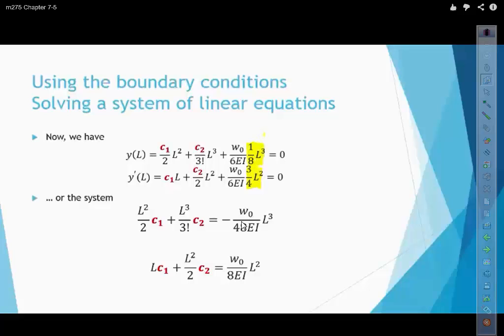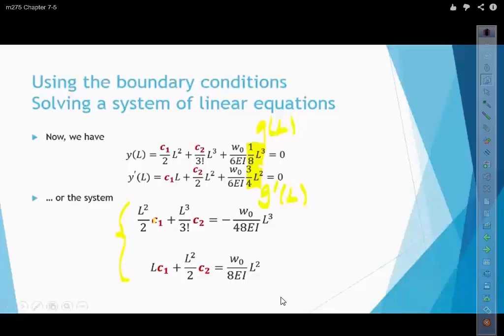And it's non-homogeneous in the sense that there's a non-zero on the other side, because these don't have C1s and C2s, so we bring it over to the other side, and then we have this particular system. Now, there's a variety of ways for solving this system. One is to solve for C1 in one equation, plug it back into the second equation, solve for C2, and then bring it back to solve for the C1 originally.